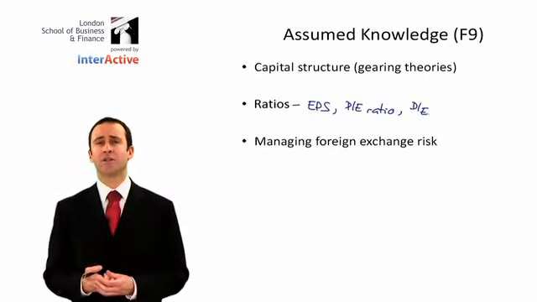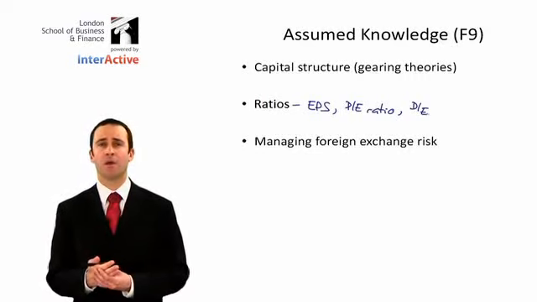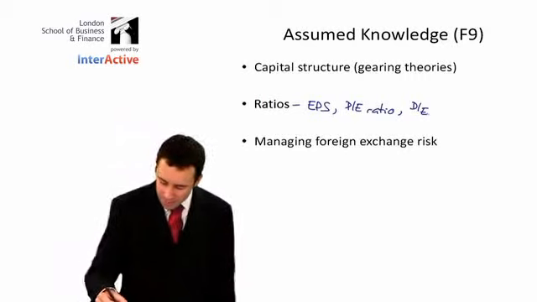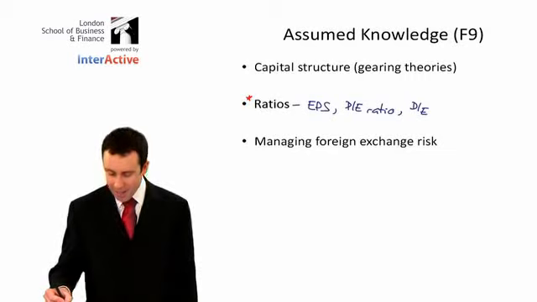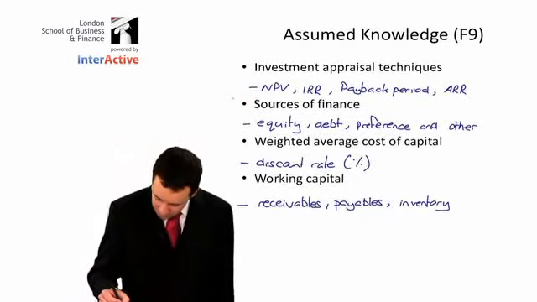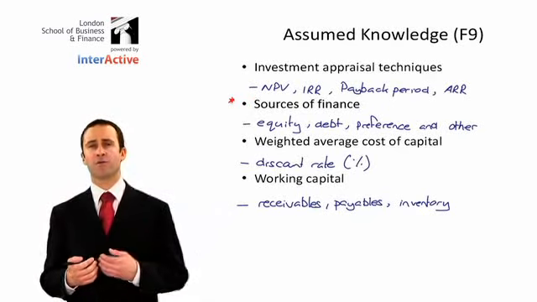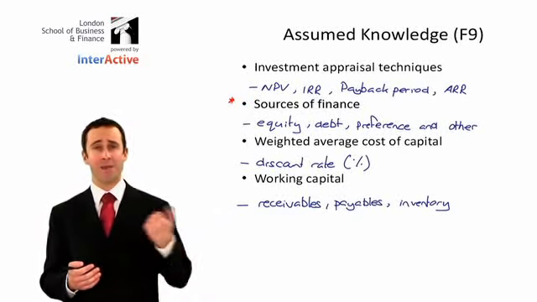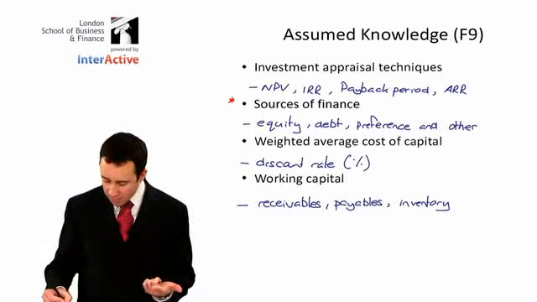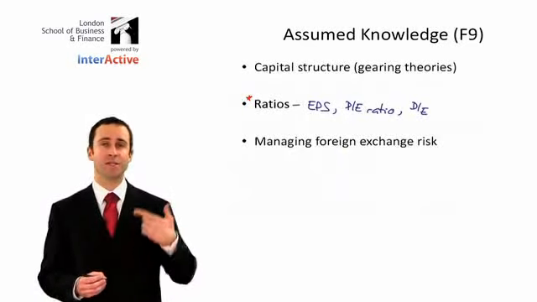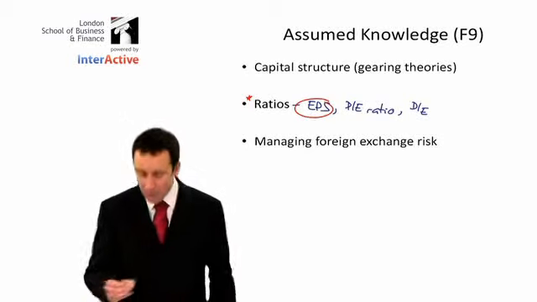We're not, as I said, going to just have to calculate these from a set of financial statements and given information. What's likely to happen is we're going to have to link a ratios calculation in to a bit of advice from our sources of finance. So you might have to recommend a source of finance, whether that be equity or some form of debt, and based upon whether we issue shares or take out a loan, how that will then impact your earnings per share.